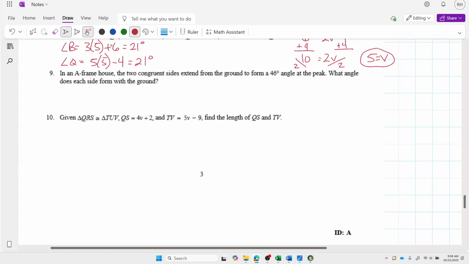All right, problem number 9 says that in an A-frame house, the two congruent sides extend from the ground to form a 46-degree angle at the peak. So look, we're going to say that this is the ground. A-frame house looks like this.